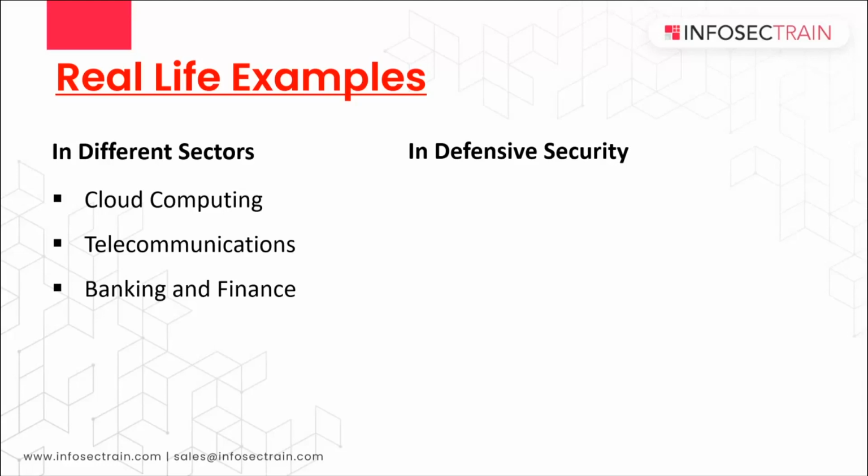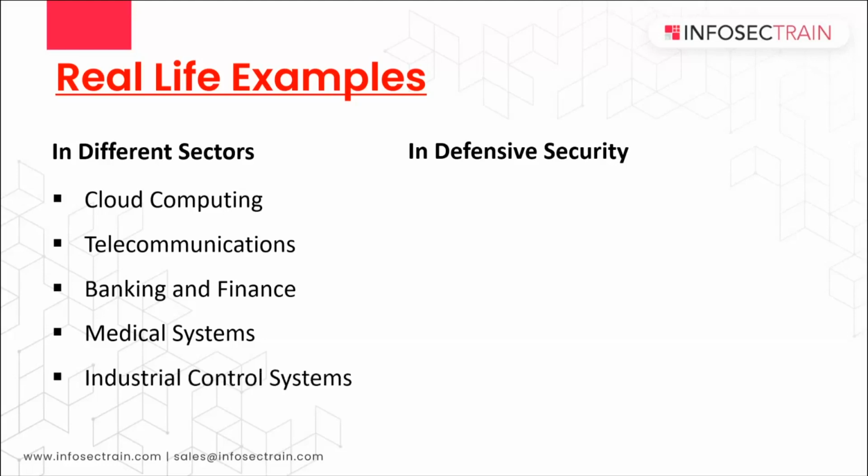Like in medical systems as well, such as hospitals and clinics, they rely on network redundancy to ensure that critical patient information is always available to the medical staff. They use redundant network connections and backup systems to ensure that patient data can be accessed even in the event of a network outage.